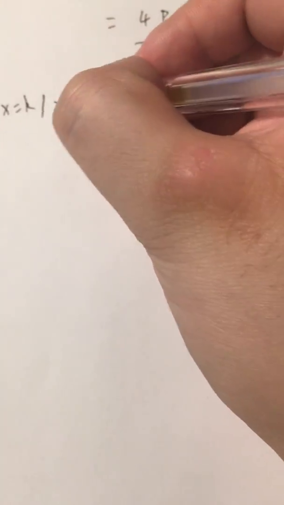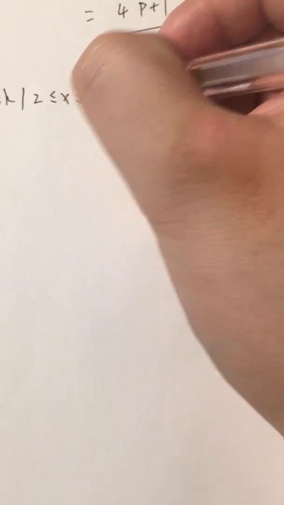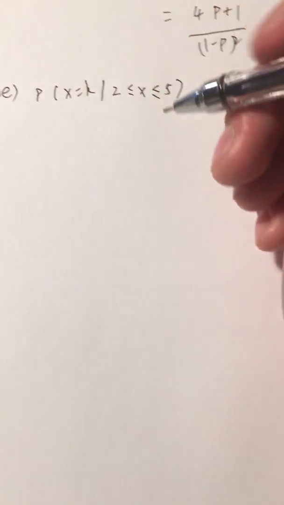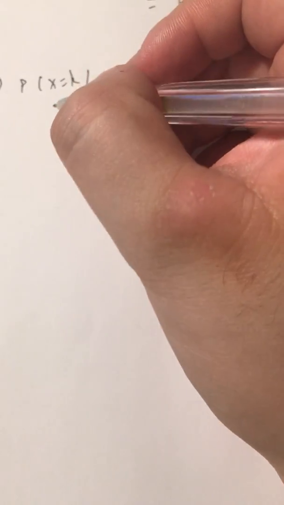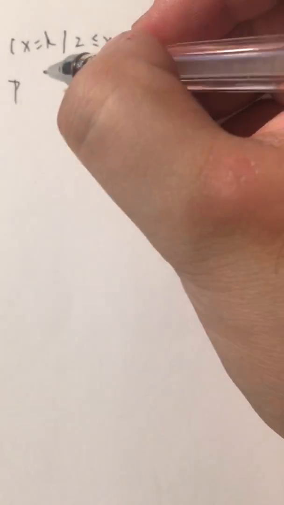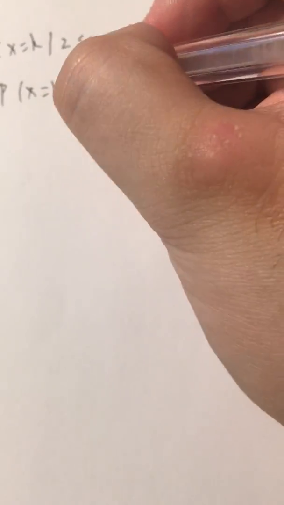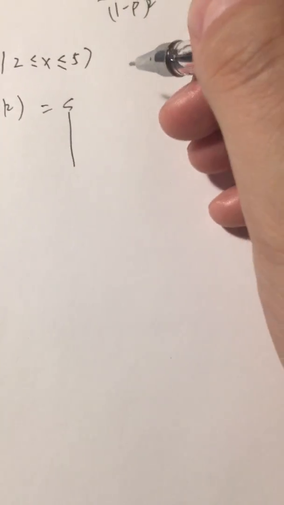And for question E, we want to get the probability of X equals k when given 2 less than or equal to X less than or equal to 5. In this question, the probability of X equals k has two conditions.